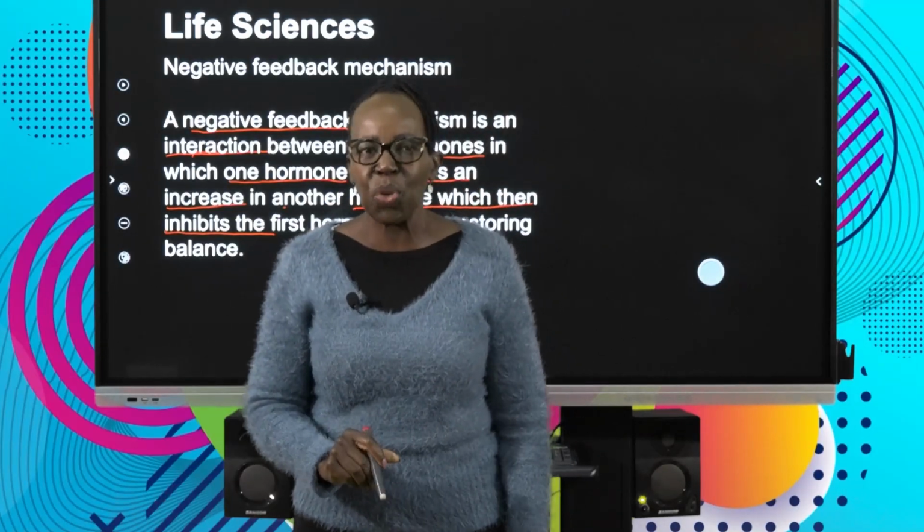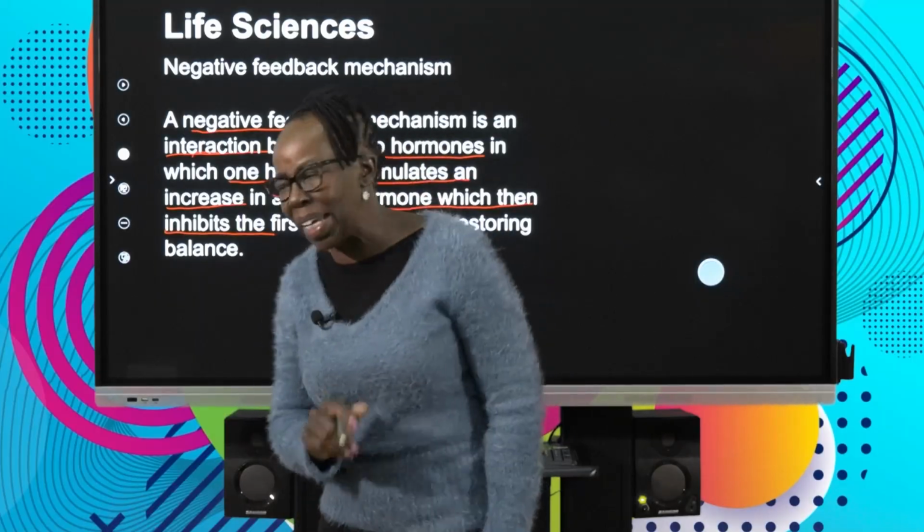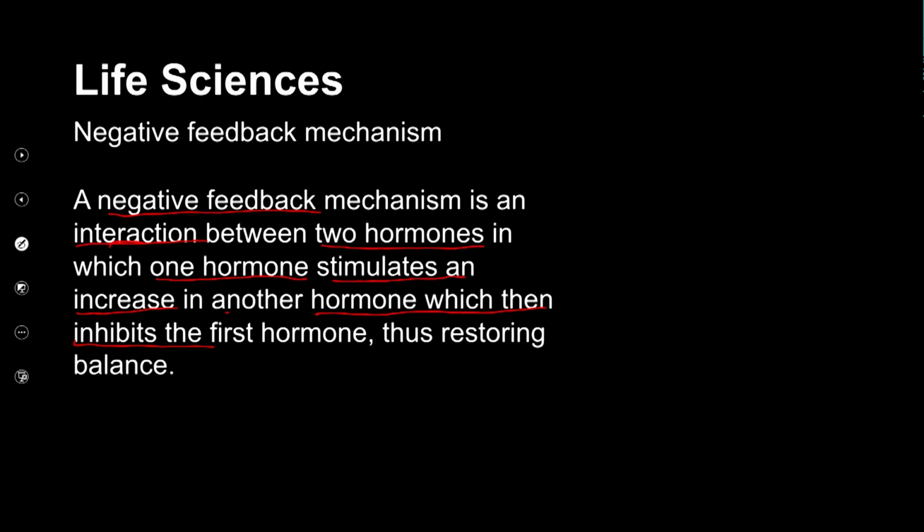That's when we're looking at the negative feedback mechanism. So we say the negative feedback mechanism is an interaction between two hormones. What is happening between the two hormones? One hormone stimulates the increase and the other one will be inhibited.